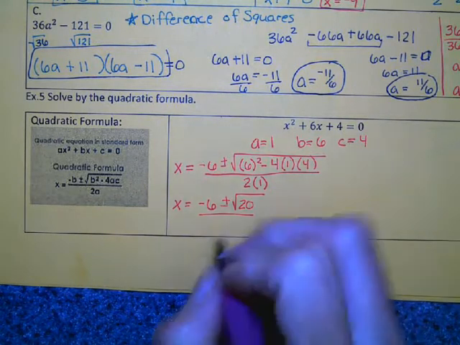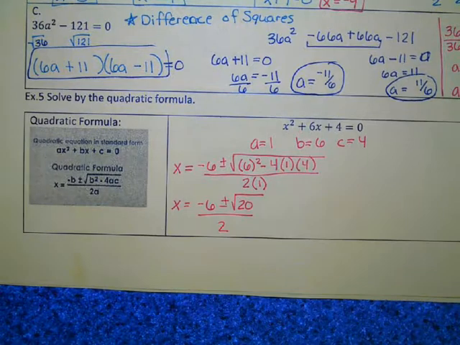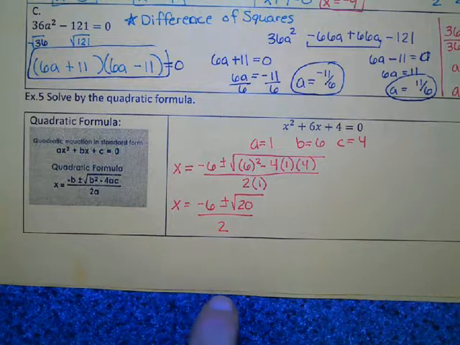Let's go ahead and, I think in algebra 2 you would simplify that square root of 20, break it down to like 4 and 5. But for EOC purposes, I'm going to let you just get a decimal, I think. So the square root of 20 is about 4.5.